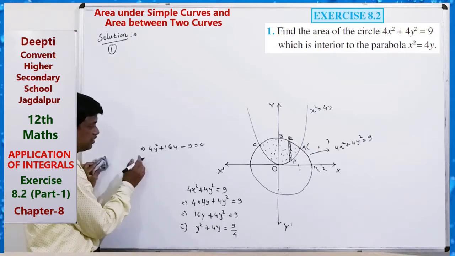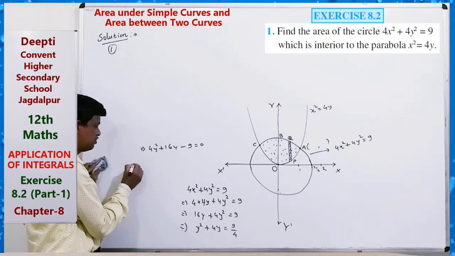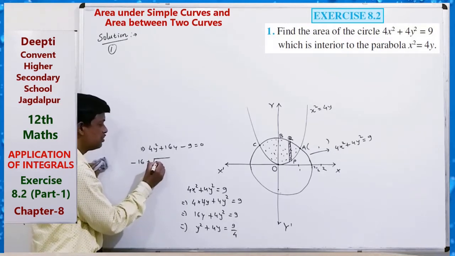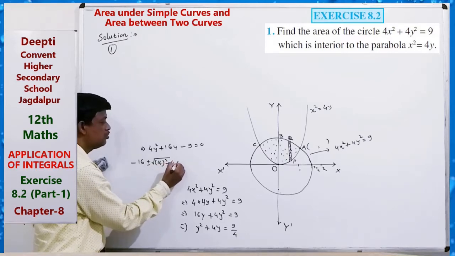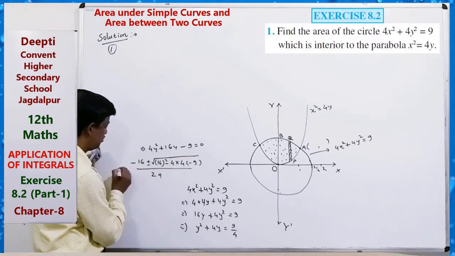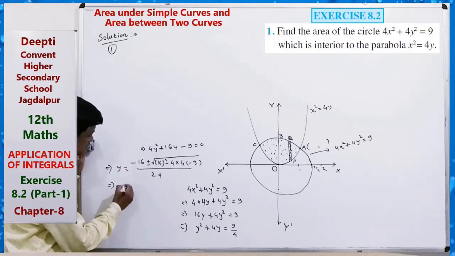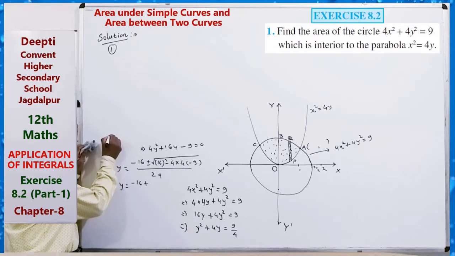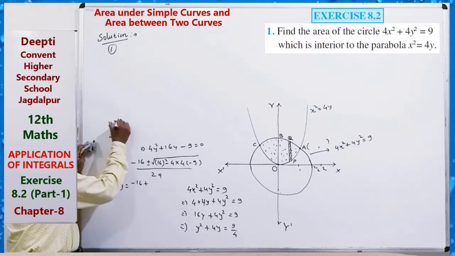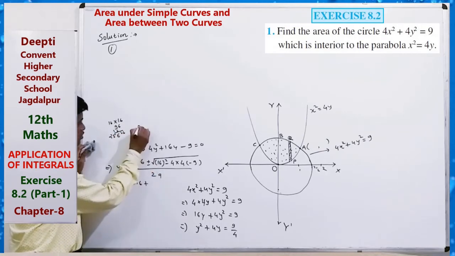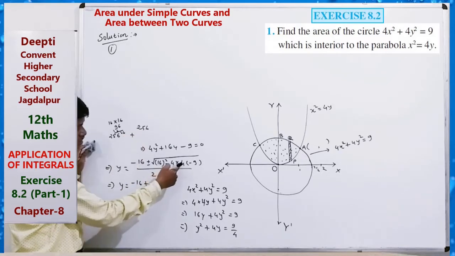With a, b, c, using the quadratic formula, y equals minus b plus or minus root of b square minus 4ac upon 2a. So y equals minus 16 plus or minus root of 16 square, which is 256, minus 4 into 4 into minus 9, that is plus 16 into 9.